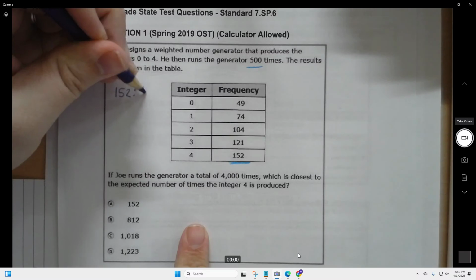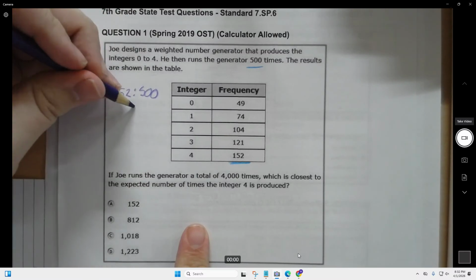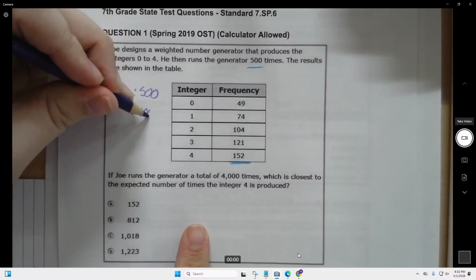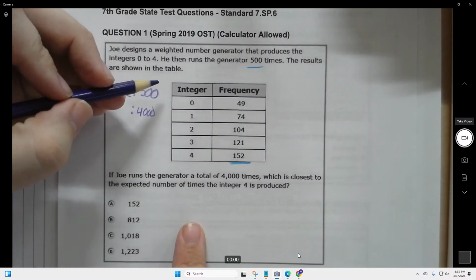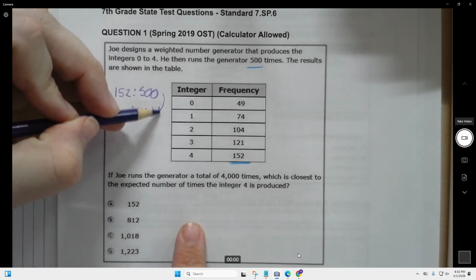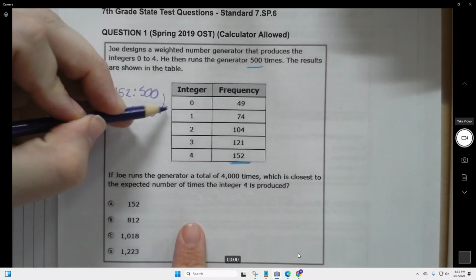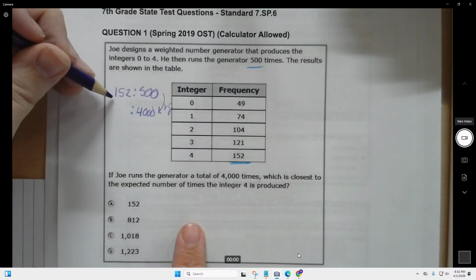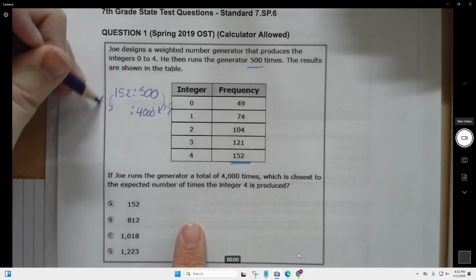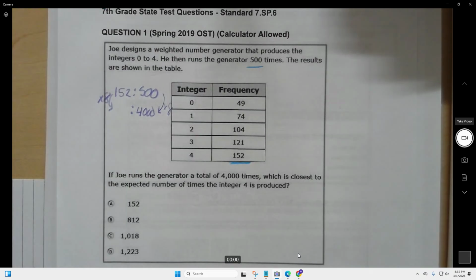So if you got it 152 out of 500 times, and then you want to see what this is for 4,000 times, to go from 500 to 4,000 by multiplying, you multiply by 8. So for this answer, all you have to do is multiply 152 by 8.